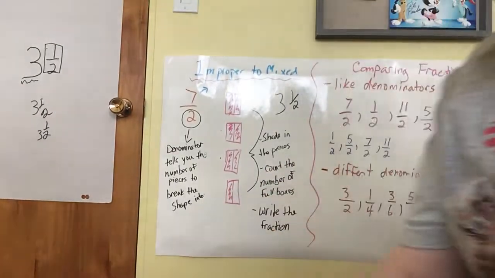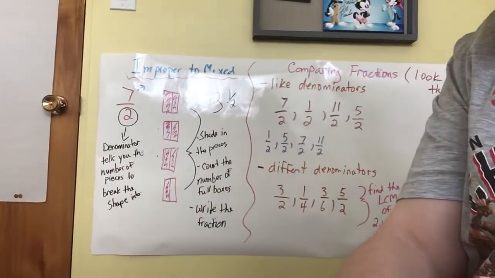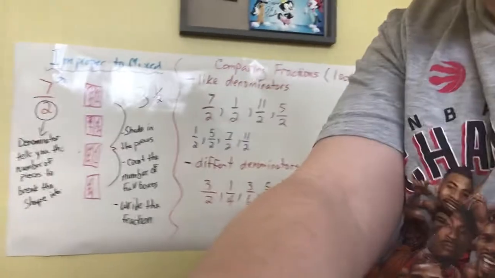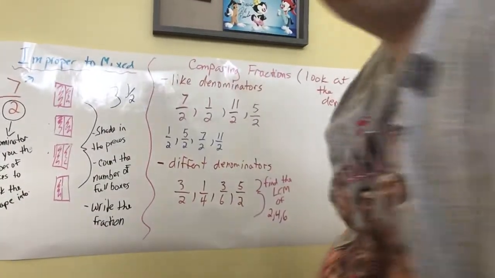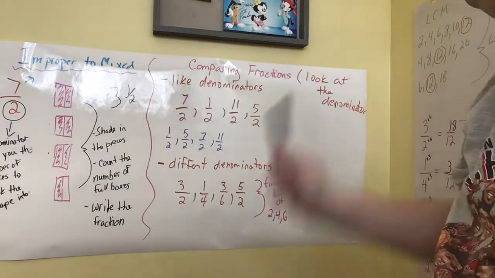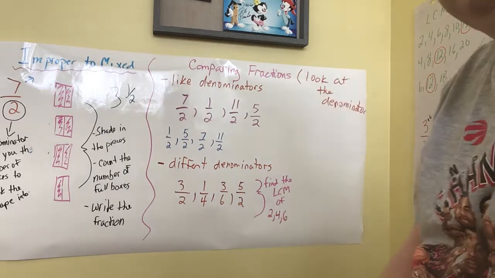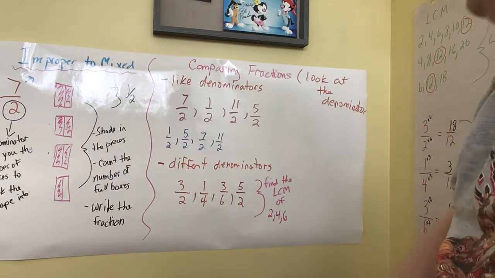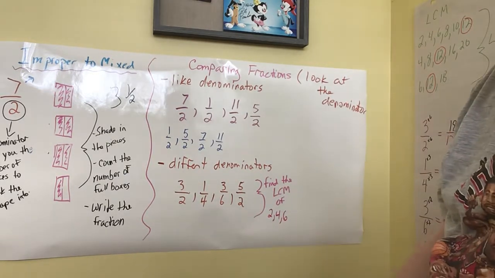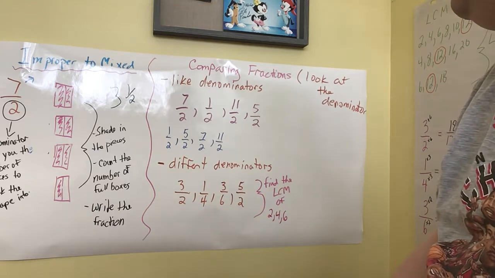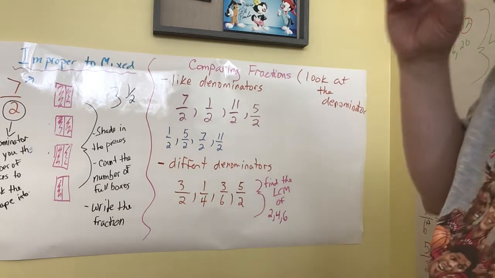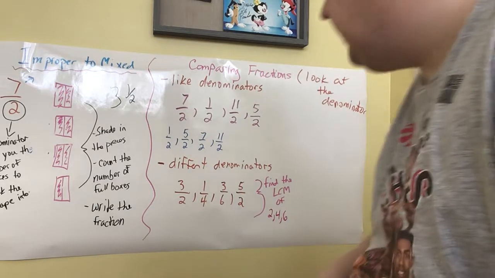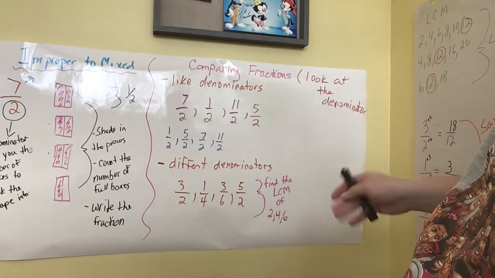All right, our final piece today is putting fractions in order, or seeing which fraction is bigger and which is smaller. Now there are 2 things that you will look at.